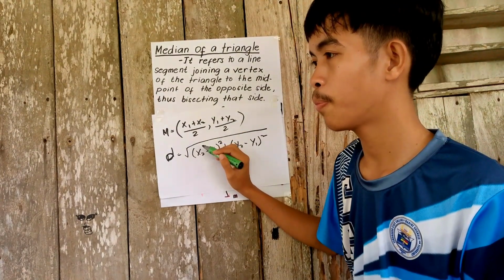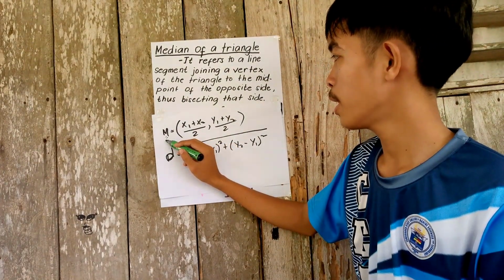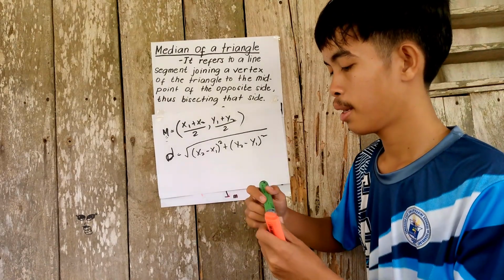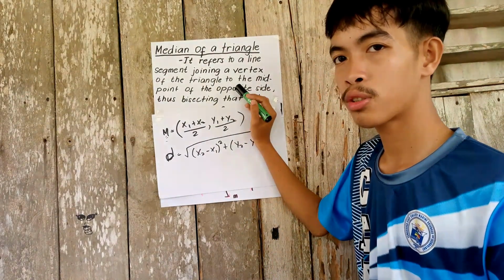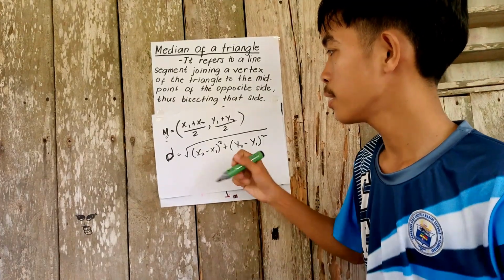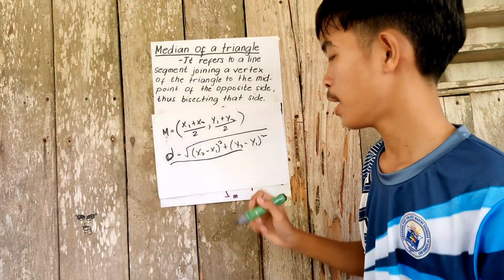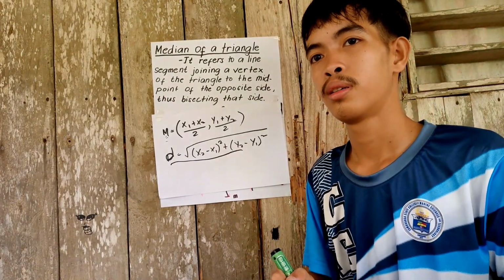So, to find the midpoint, we need the midpoint formula. And to find the length or the distance from the vertex to the midpoint, we need the distance formula.